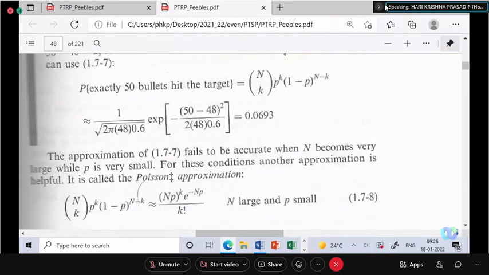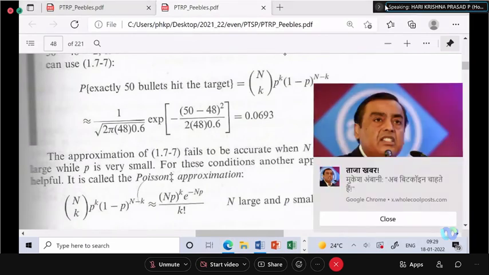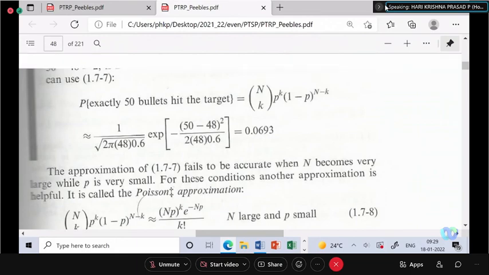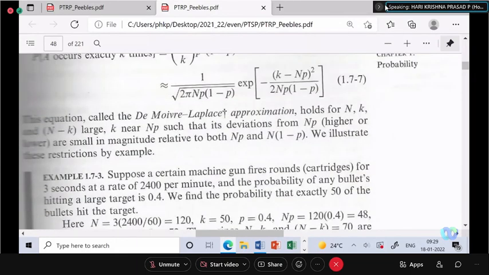So 2 pi np into 1 minus p is in the denominator of the ratio, first term. In the exponential factor, we will have k minus np whole square by 2 times np times 1 minus p.